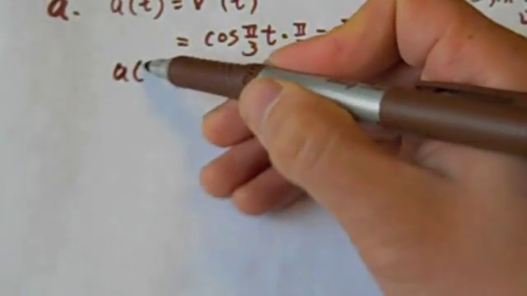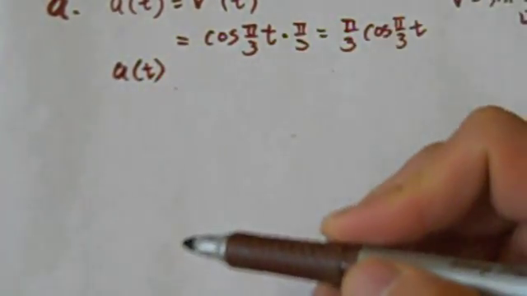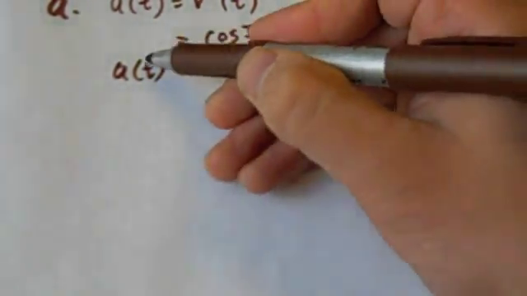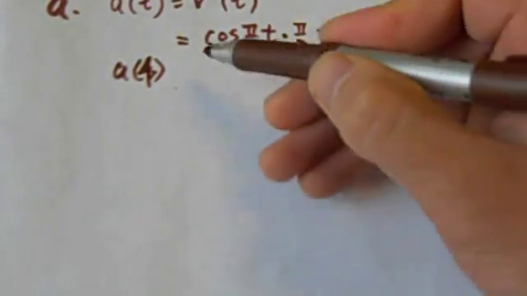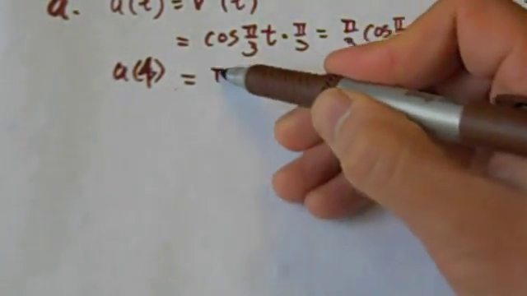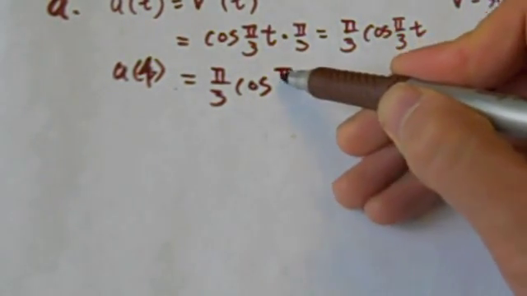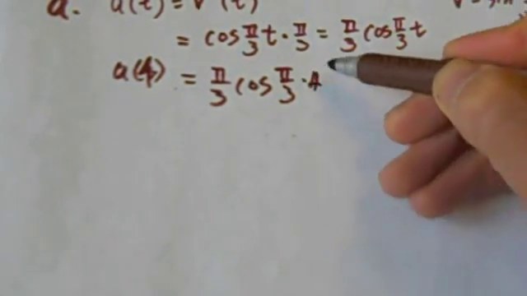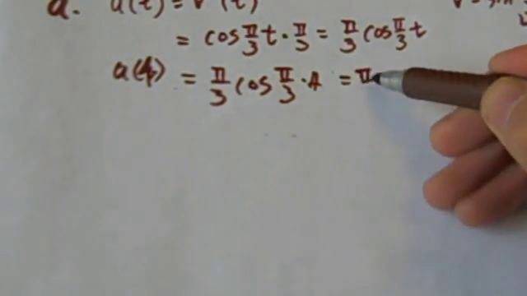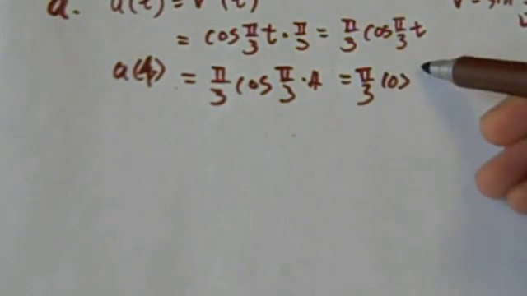And here the problem says we want to find out the acceleration at t equal to 4. So A of 4 gives you pi third cosine pi third times 4, which is pi third cosine 4 pi third.